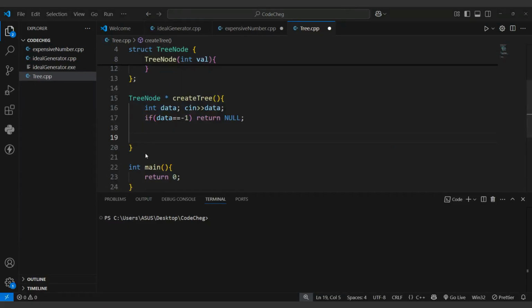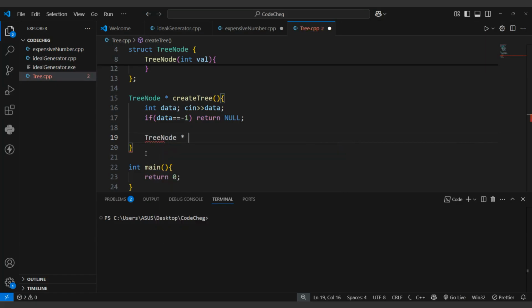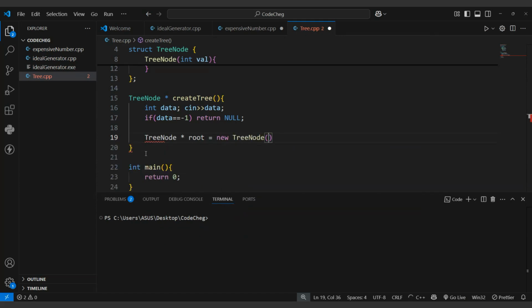Class, is it clear up to this point, guys? Now we are writing exactly the same thing that we have written. We are not writing anything extra and not anything less. Now let's create a node, tree node star, which I'm calling node, with the help of this data. We have created that node.